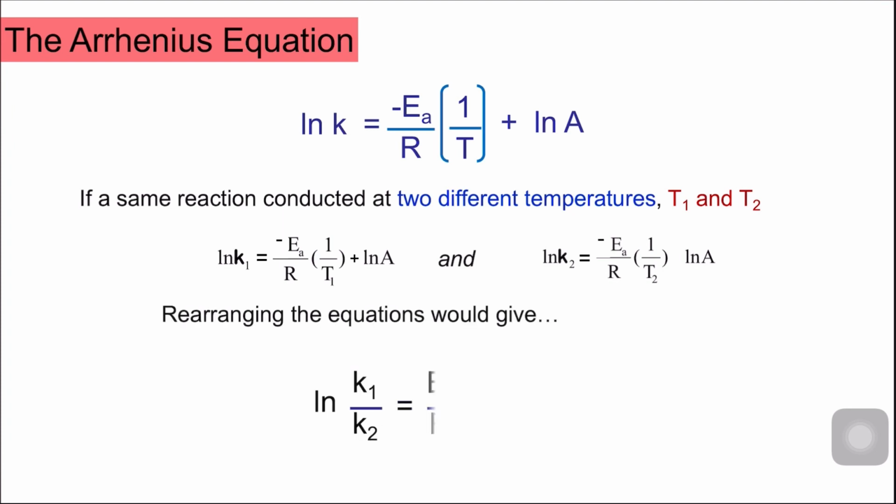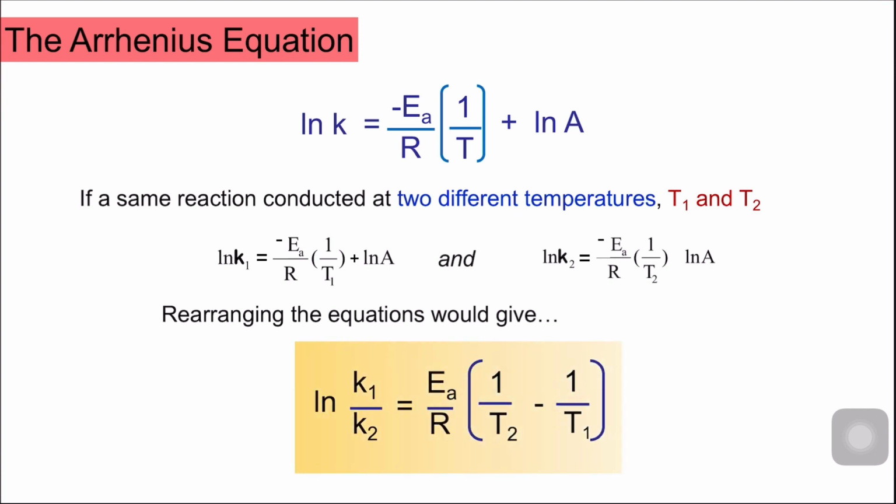This expression is another one we need to know. For the derivation, you shouldn't have to memorize it, but if you want to know, at least that's okay. What you need to memorize is another expression from this one. This is the expression we can use based on the Arrhenius equation for two different temperatures.